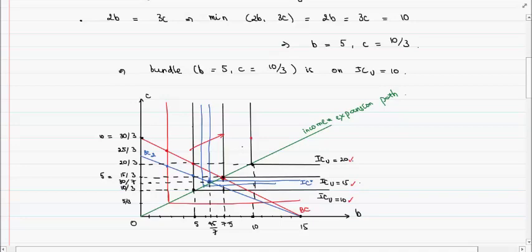However, it still goes through the original bundle, keeping the consumer at the same level of utility. And we want to see with that temporary budget constraint what the new consumption bundle is going to be, and that is going to show you the substitution effect.